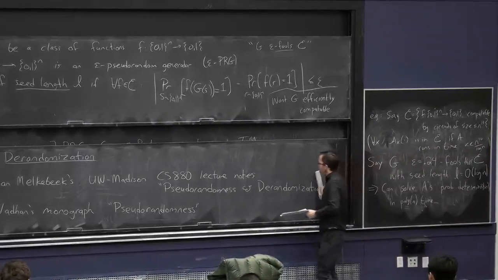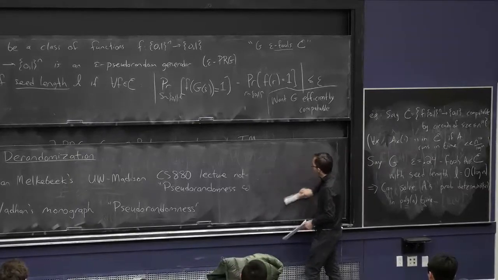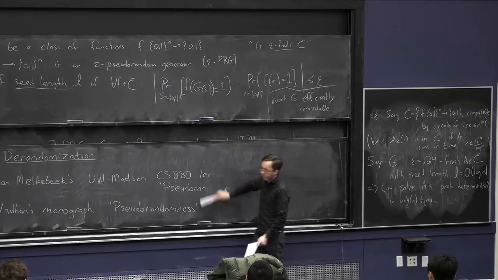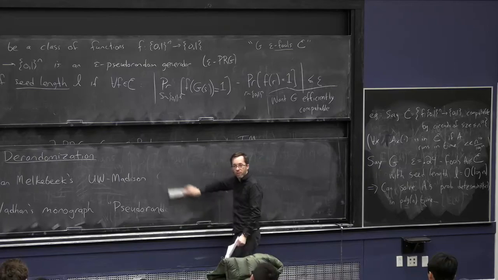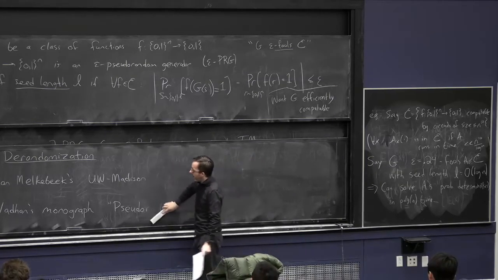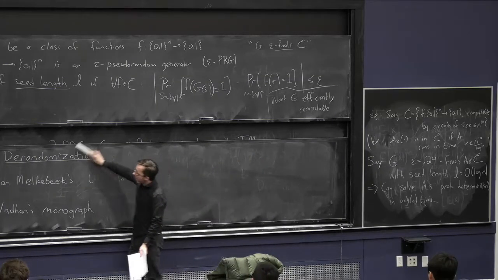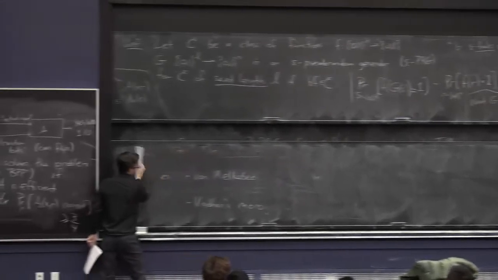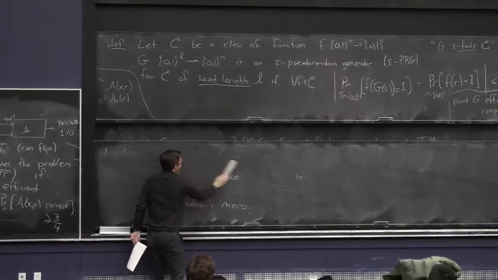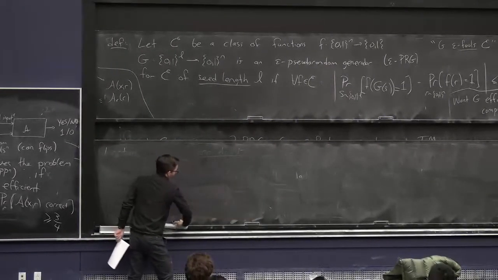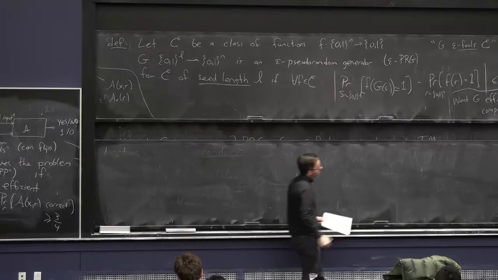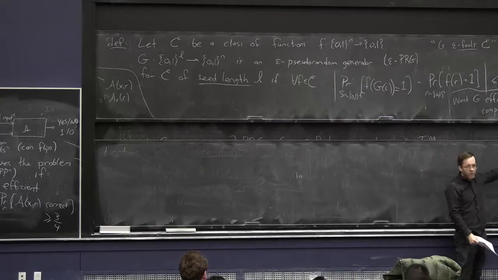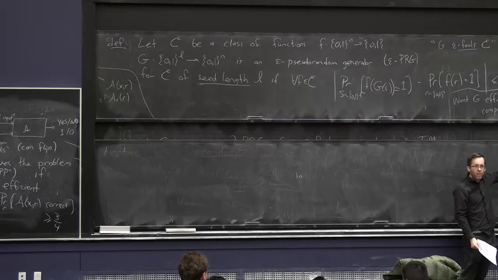In particular, if you believe that the SAT problem is super hard, so you not only believe that P does not equal NP, but you believe that SAT is really hard to solve, like in some sense it takes exponential time to solve, then theorems from the 80s and 90s imply that such a G exists, which is quite interesting.